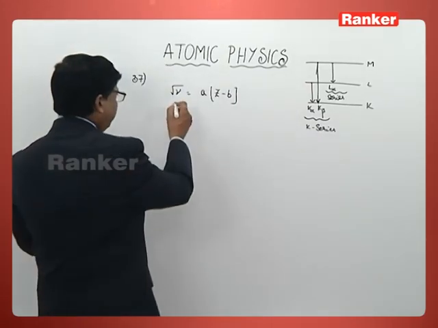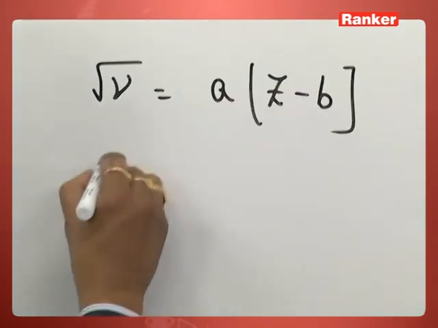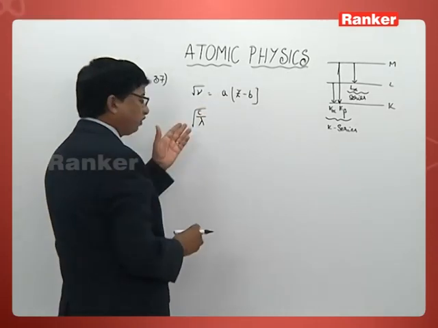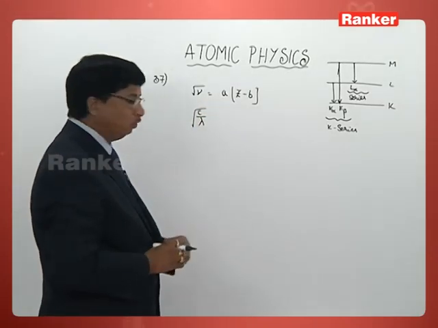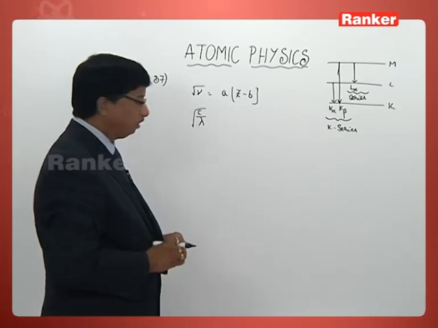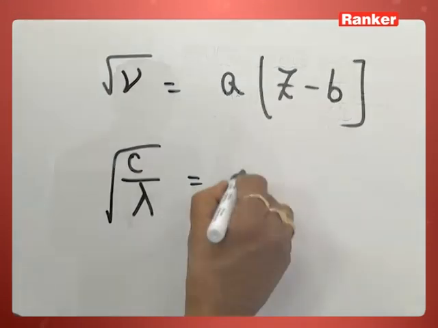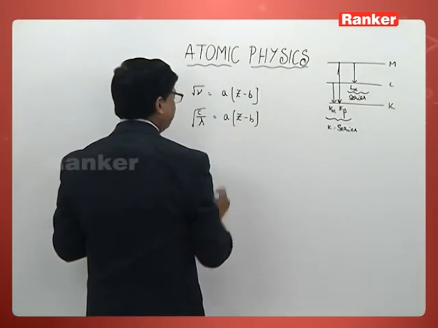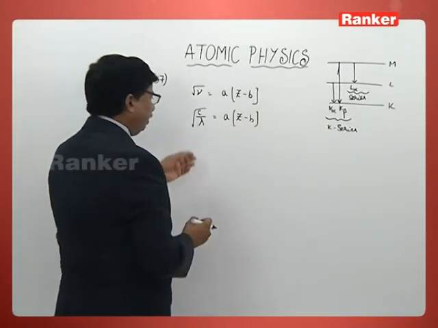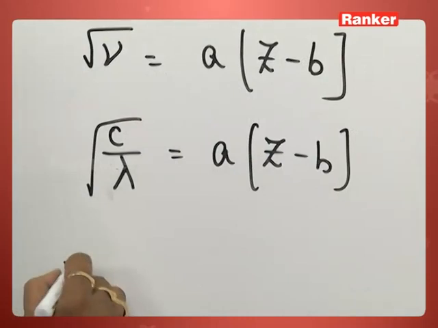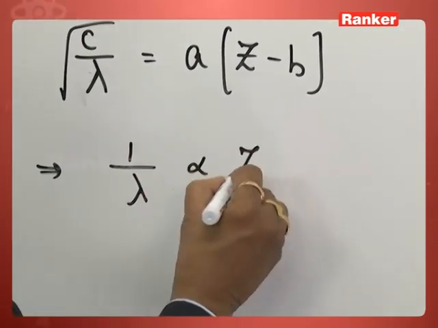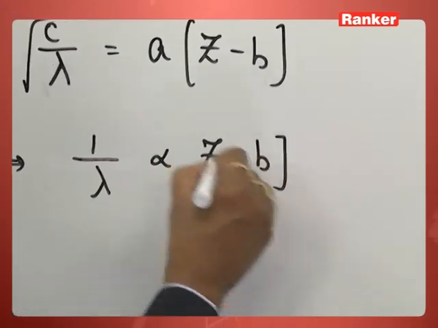But of course, you can rewrite the same this way. Nu is already there, and it is converted into lambda now. Nu is equal to C by lambda, under root, equal to A into Z minus B. So can't you just understand in this particular case that 1 by lambda is directly proportional to Z minus B whole square?